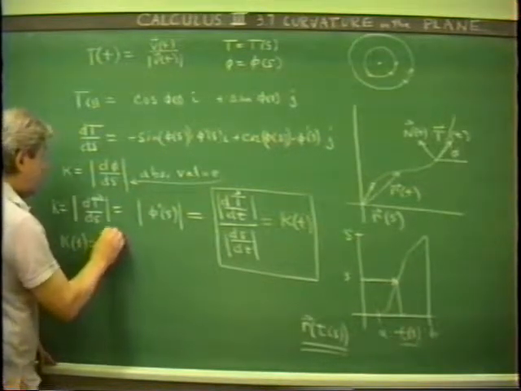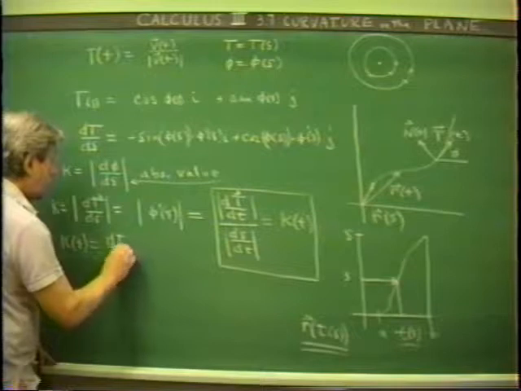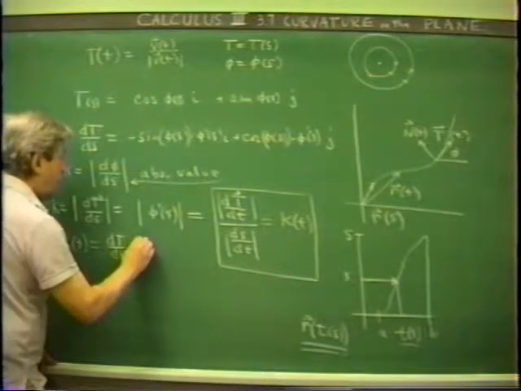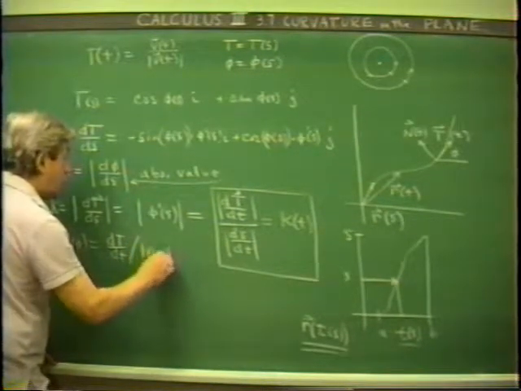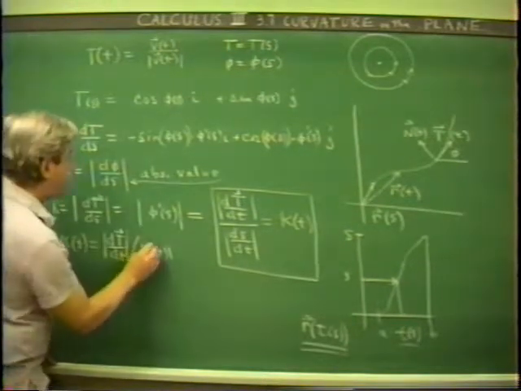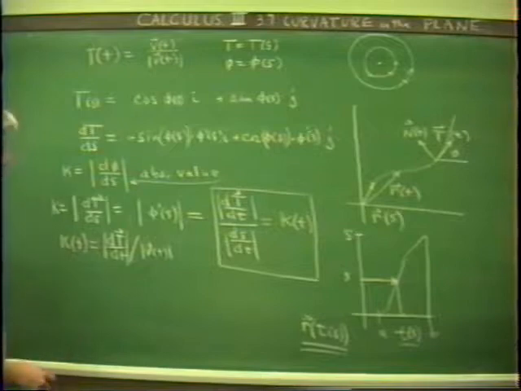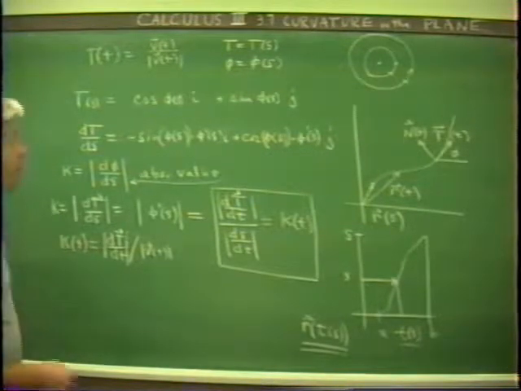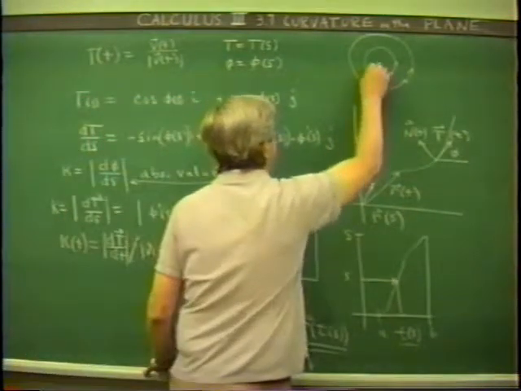So we could write this also as kappa of t is the magnitude of dT dt over the magnitude of v of t.